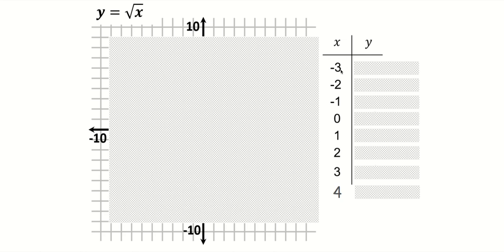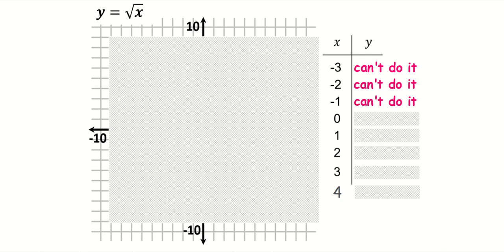So if you're doing the square root of -3, you're thinking, what number times itself would be -3? That's why when you throw that into your calculator, it gives you some kind of error. Domain error, I don't know. Because there is no answer to the square root of -3.